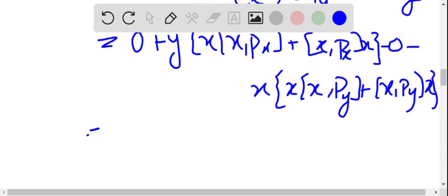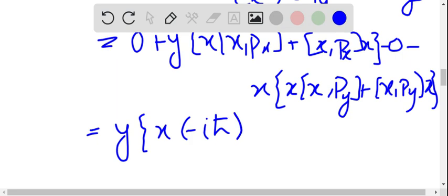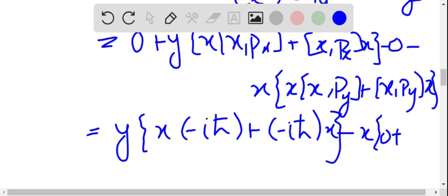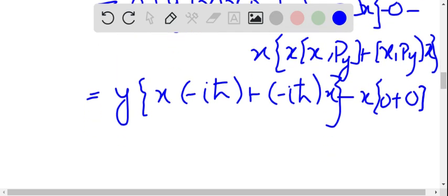So now this would be y x times negative i h cross plus negative i h cross times x, negative x 0 plus 0, right? So when you simplify them, you will get that the commutator of AB is equal to negative 2i h cross yx, right?